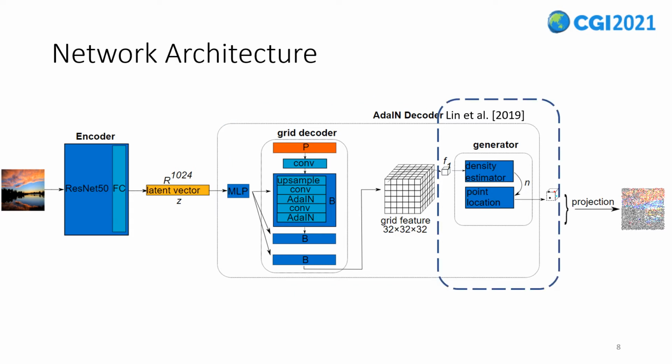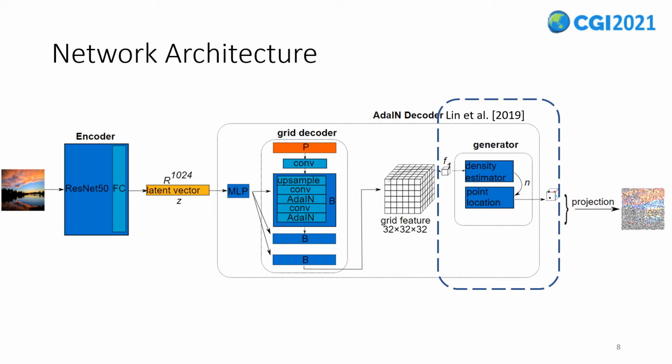The generator transforms the latent vector to points. More specifically, the generator includes two MLPs, a point density MLP and a point location MLP, to generate point density and point coordinates from the latent vector respectively. The density estimator MLP predicts whether the cell is empty and the point density in the cell.